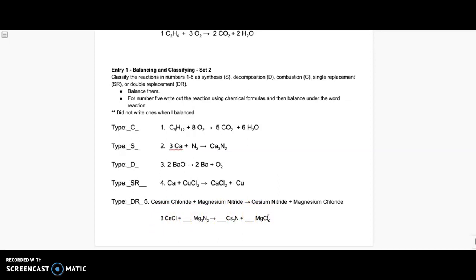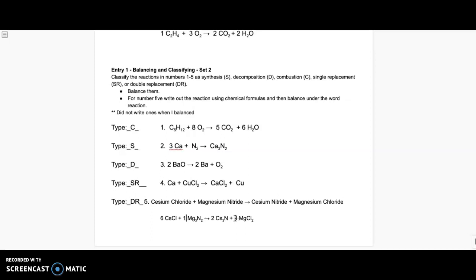So 3 and 2 have to be 6. That's the first number they will both go into. So to get an equal number of chlorines, I have to put a 3 there to give me 6. But now I need a 6 over here to give me 6 chlorines. 6 cesiums is going to give me a 2 cesium. And then 3 magnesiums, 2 nitrogens, 2 nitrogens. This one's actually just a 1, so I can delete that.